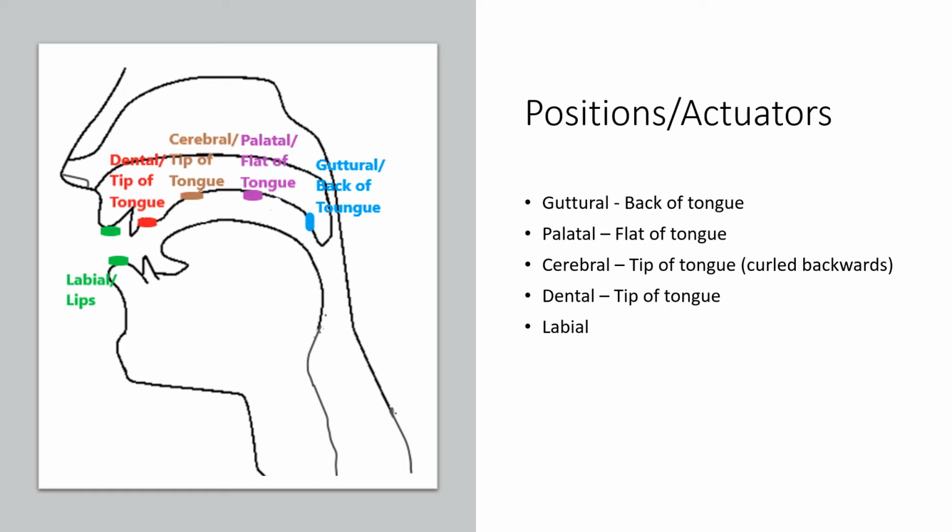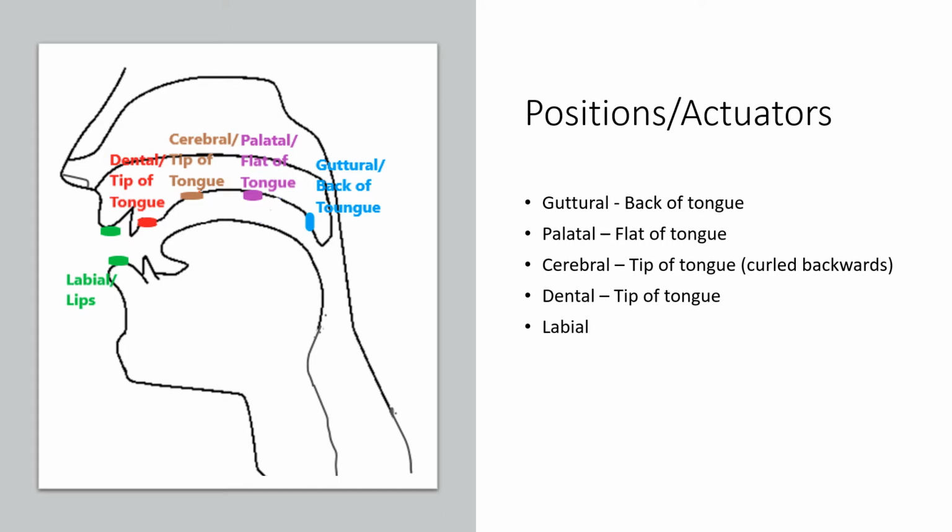And the actuator is the part of the tongue using which we are trying to block or constrict that breath at that position. So there are 5 such positions in the oral cavity for different sounds.